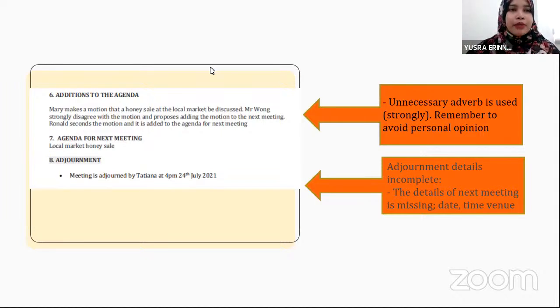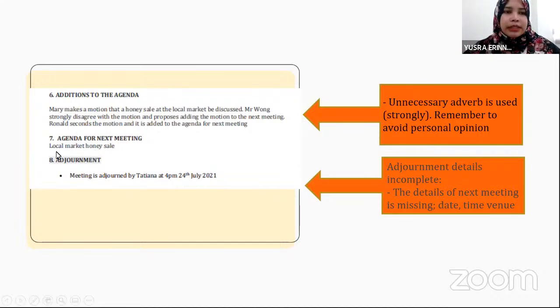For example, over here: Mary makes a motion that a honey sale at the local market be discussed. No problem. Mr. Wong strongly disagree with the motion and proposes adding the motion to the next meeting. So the word strongly over here is not important. It can just be written as: Mr. Wong disagree with the motion and propose to discuss on the next meeting. Okay, like that.